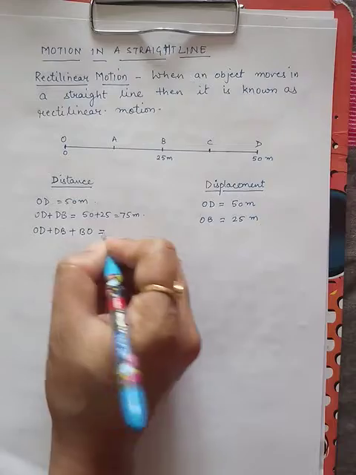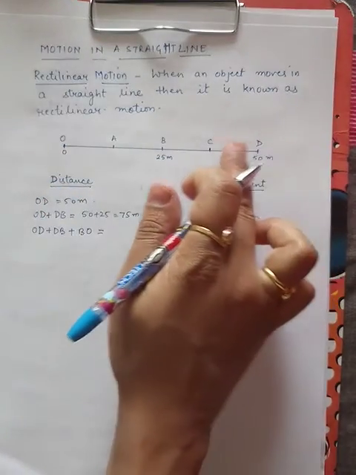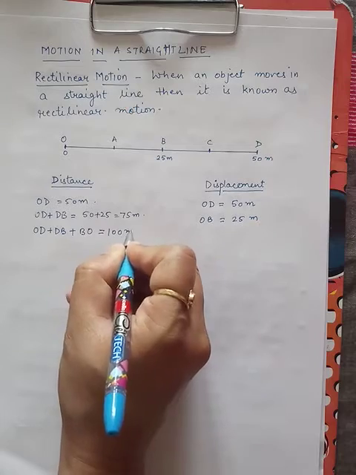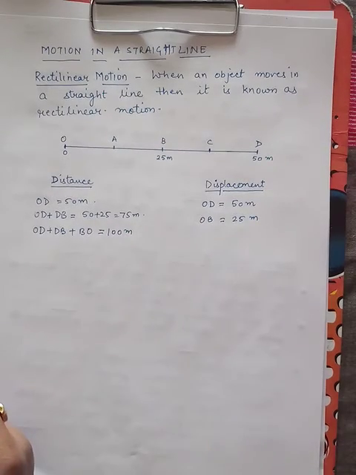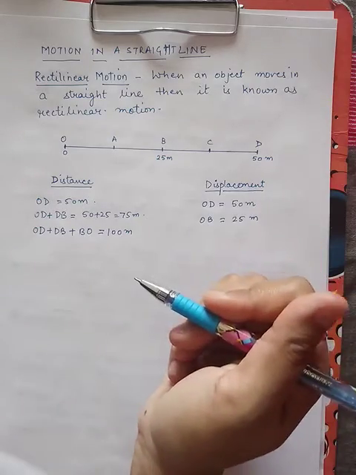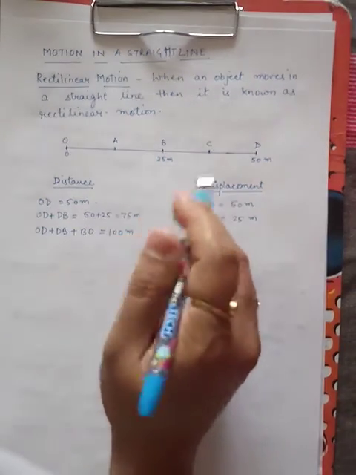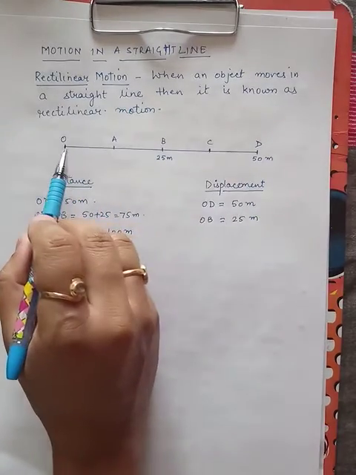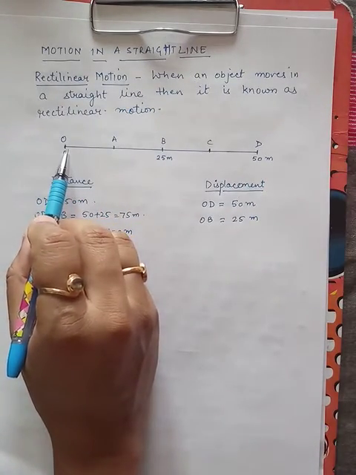So what is the distance covered? This is 50 plus 25 plus 25, that is 100 meters. This is the distance. And what is the displacement in this case? In this case, the displacement, pay attention, it is 0.